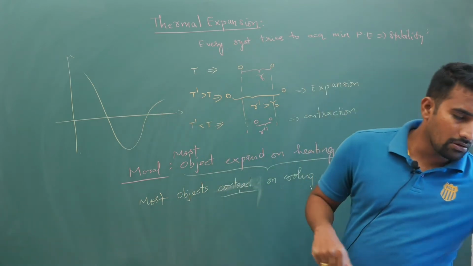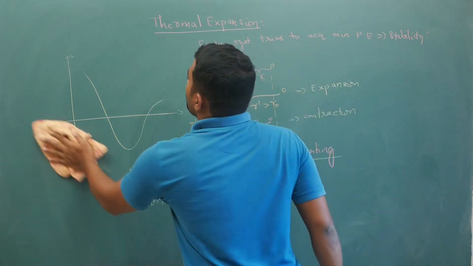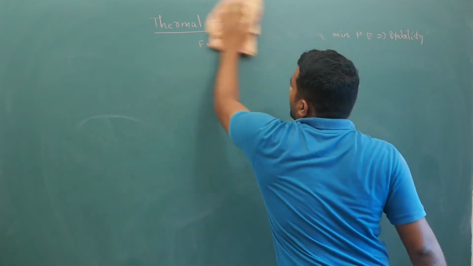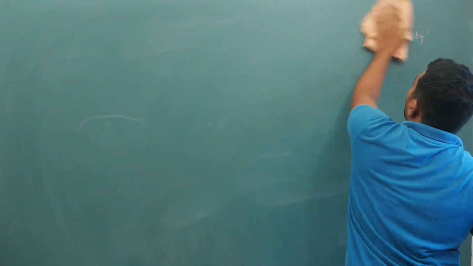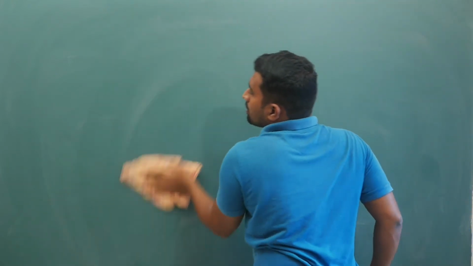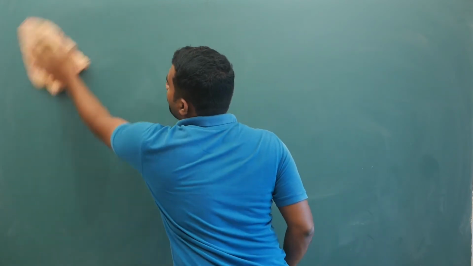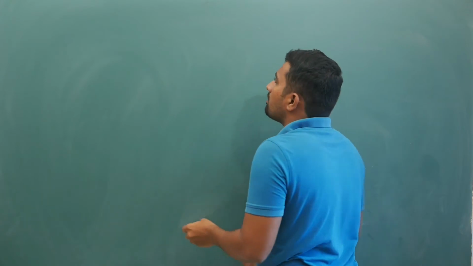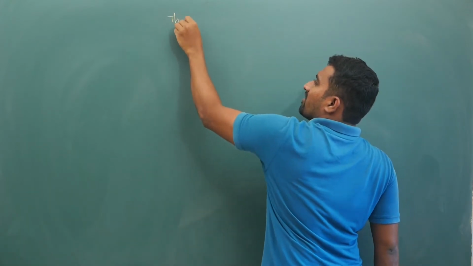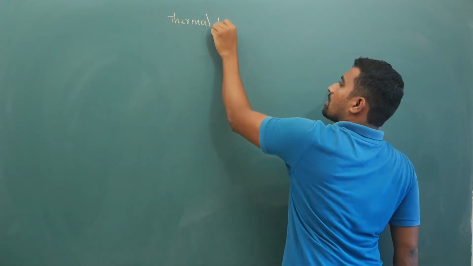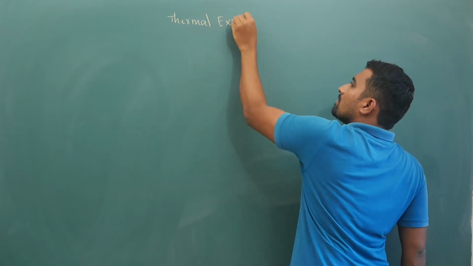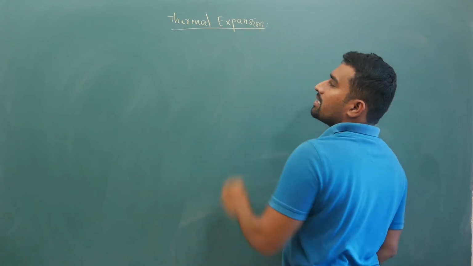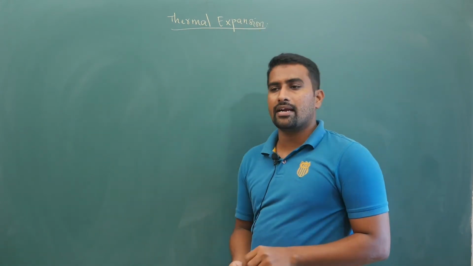Now if you talk of expansion, that expansion will be different for different objects. If I try to divide it, thermal expansion for different objects is basically divided into three categories.